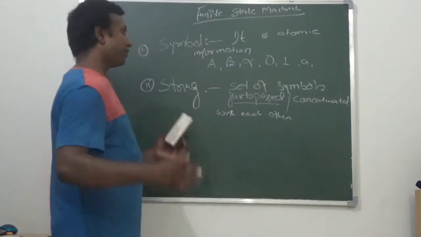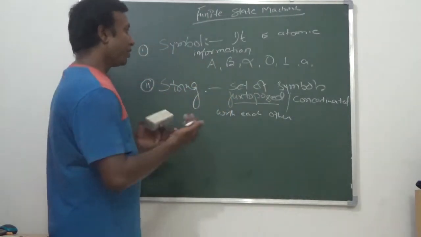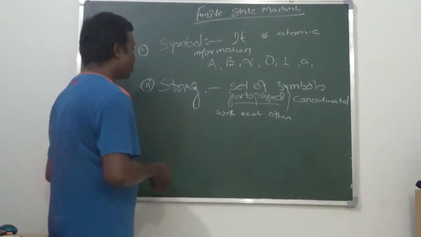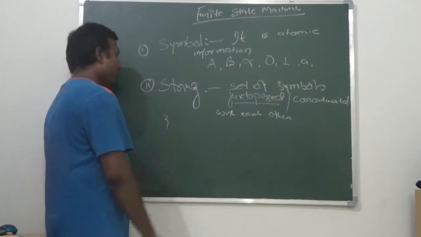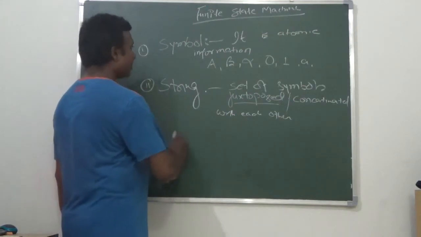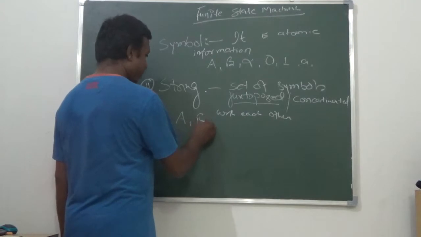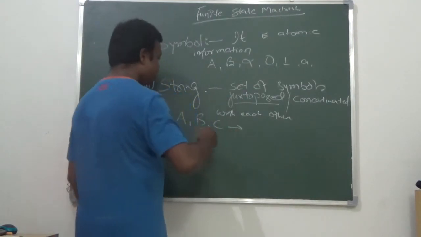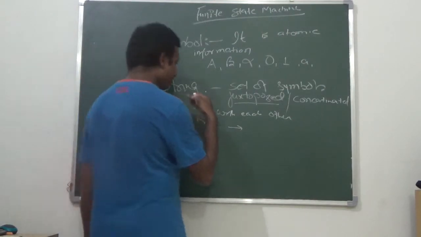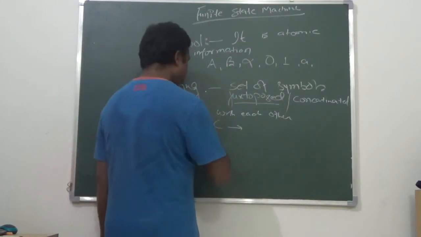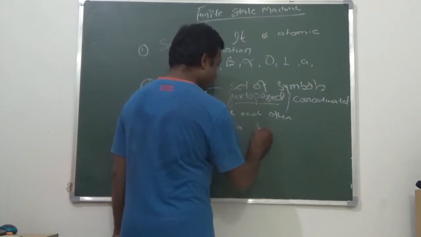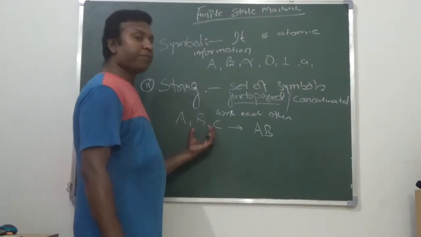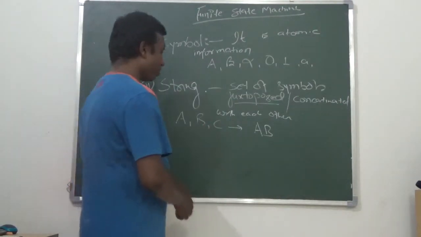So it's nothing but if you collect some symbols and concatenate them, then you get a string. So let's say I have three symbols A, B, and C, and I made a string, say AB. This might be one string out of these three symbols.